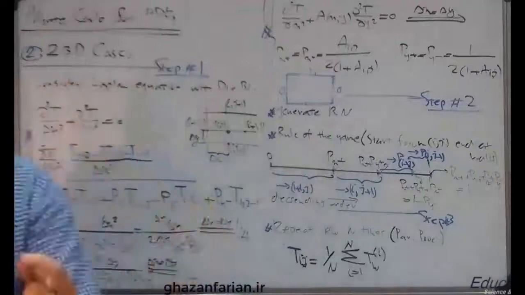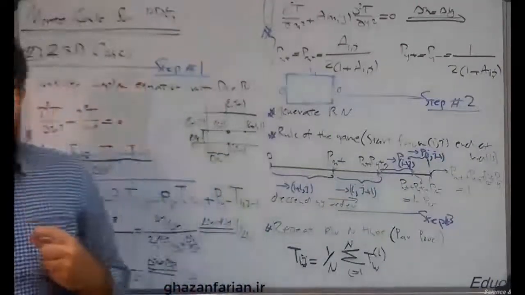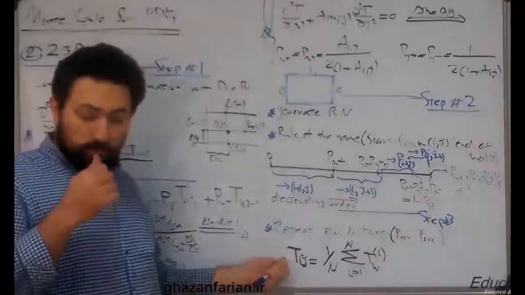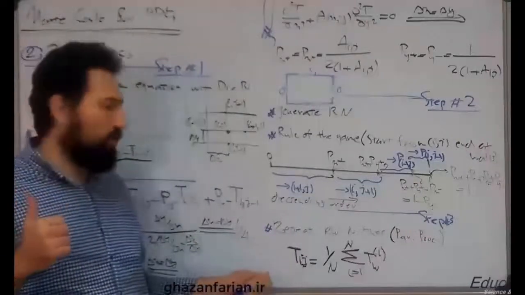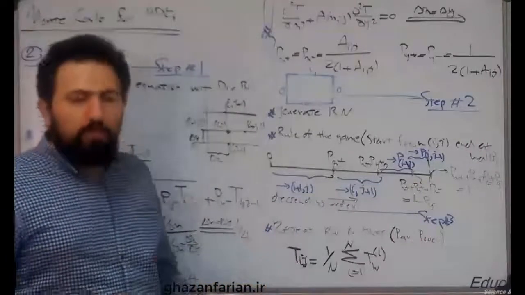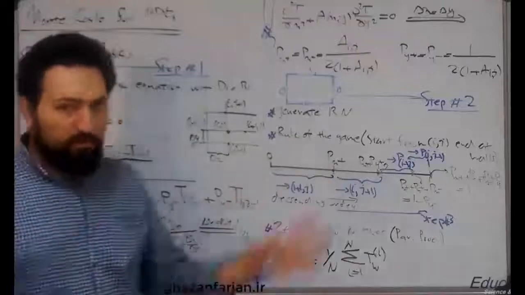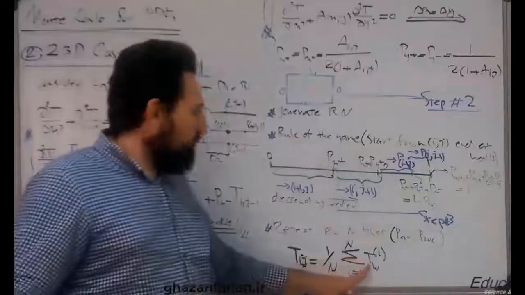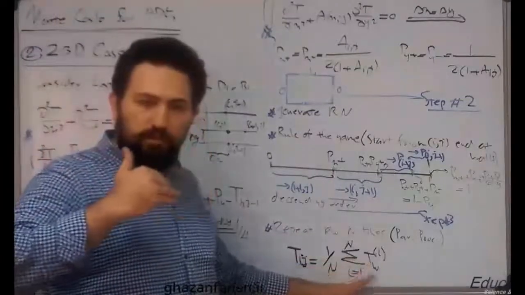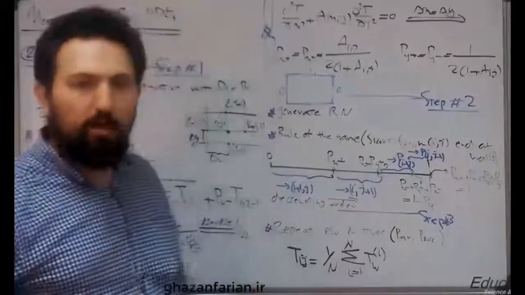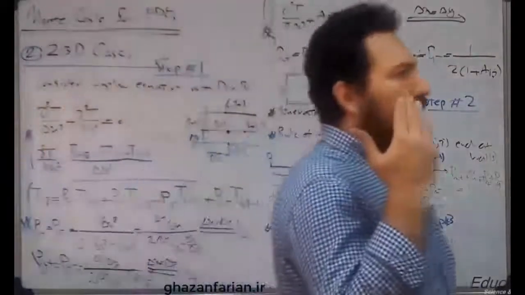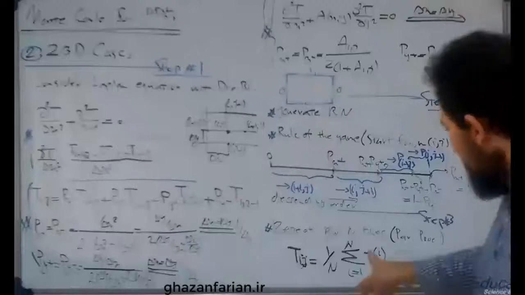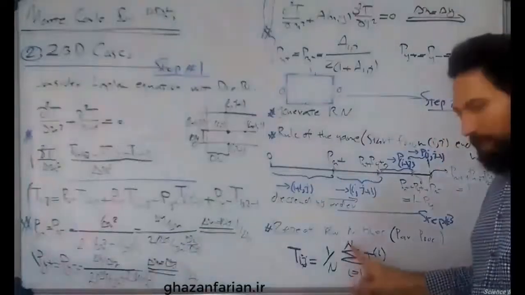So you have n wall temperatures. In order to compute the temperature of the point i, j, you will very simply sum the wall temperatures that you have obtained at the end of n random walks. Sum them, i equals 1 to n.